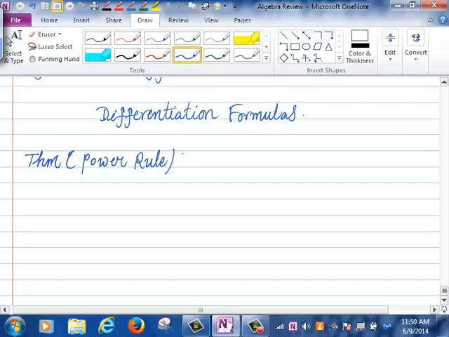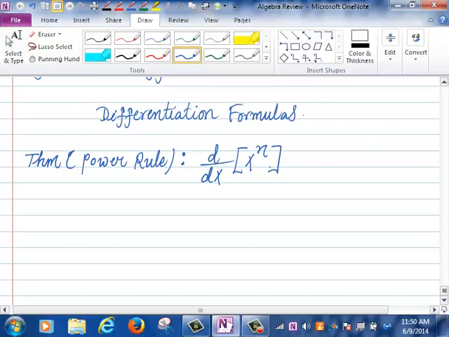And what it says is that the derivative with respect to x of the function x to the n. This symbol that I'm writing here means that I'm taking the derivative of the function x to the n.